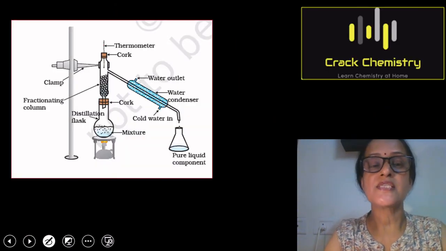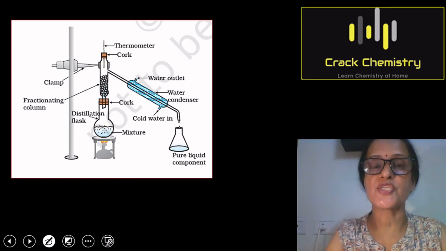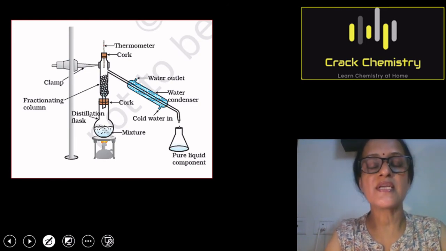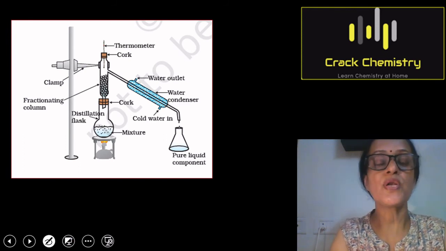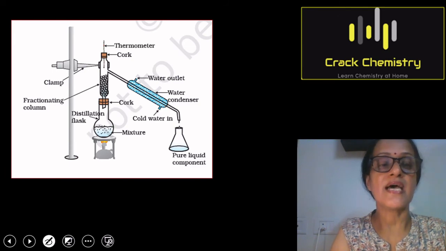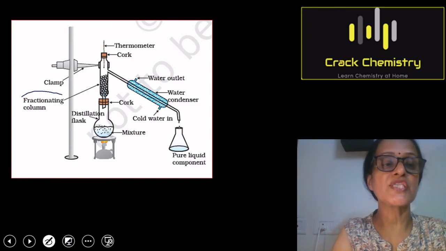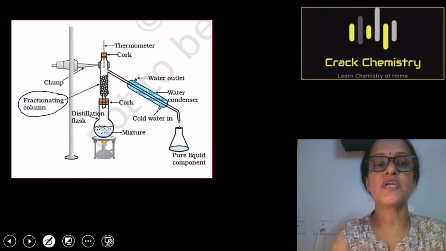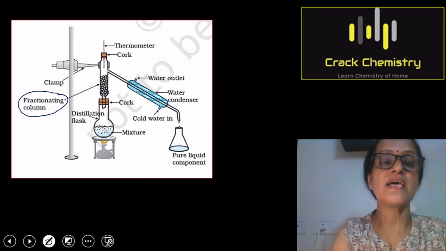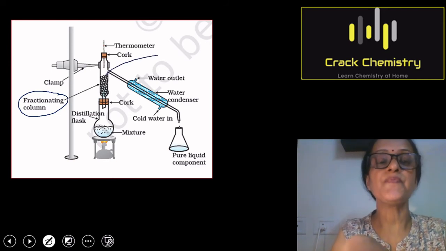So children, this is the apparatus which is used for the process of fractional distillation. Fractional distillation consists of exactly the same apparatus as we discussed in the case of simple distillation. Only one difference is there, that the distillation flask is fitted with a large fractionating column, and you can see that the fractionating column is filled with glass beads.